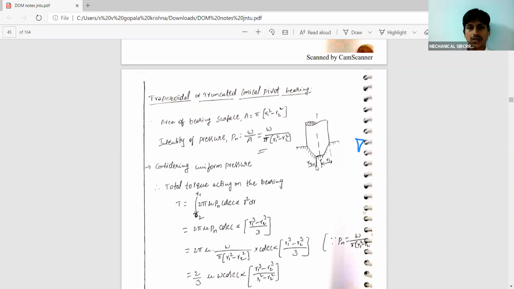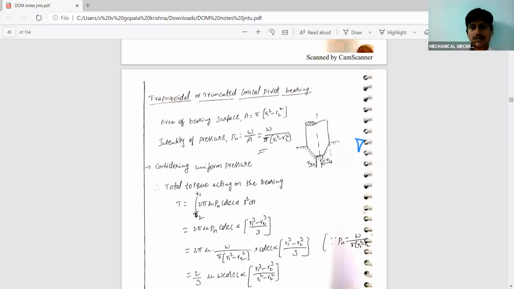When we take the truncated conical pivot bearing, we take the R2 and R1 values. Two values are there: the radius of the shaft and this inner radius. Two radii are there.